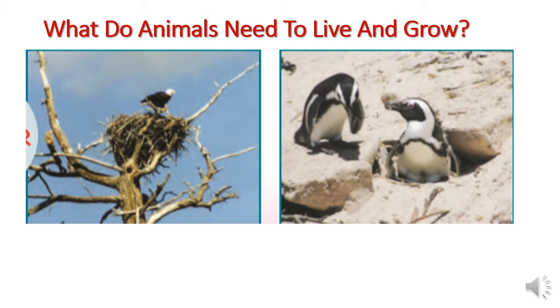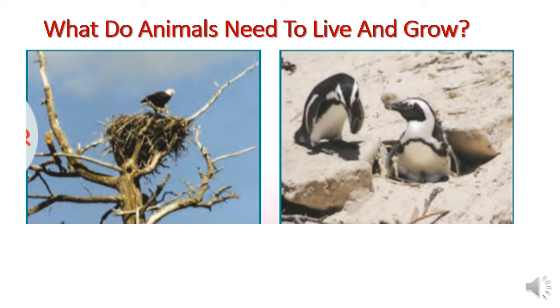Animals need water, food, air, and a place to live inside. For example, this bird makes the nest to live inside it. Penguins make a hole. So the animals also need a home to live inside.